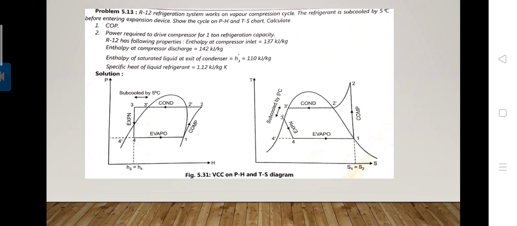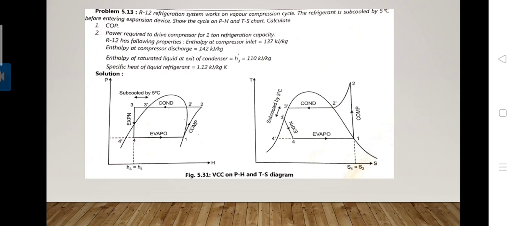Now we see the next problem. An R12 refrigeration system works on a vapor compression cycle and the refrigerant is subcooled by 5 degrees centigrade before entering the expansion device. Show the cycle on pH and TS charts. Calculate the COP and the power required to drive the compressor for 1 ton of refrigeration capacity.